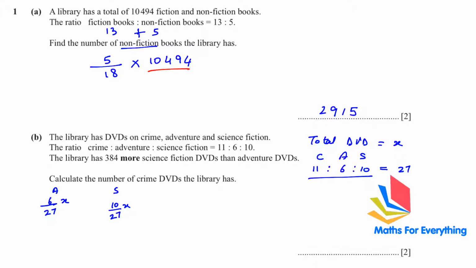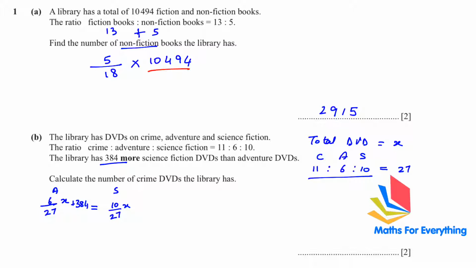But they have given us additional information that the library has 384 more science than adventure. So if I want to make them equal to each other, I will have to add 384 here. Remember, if they said the science is more, you add the number to the other side.